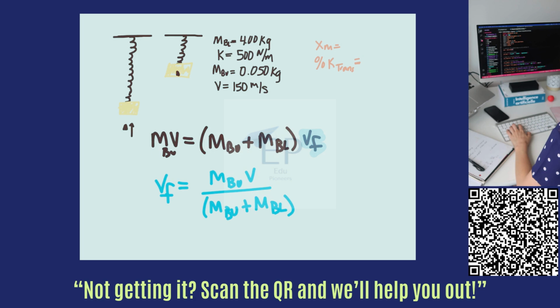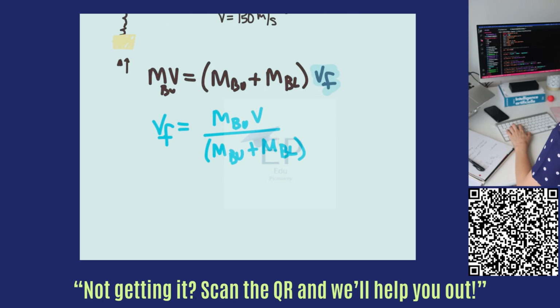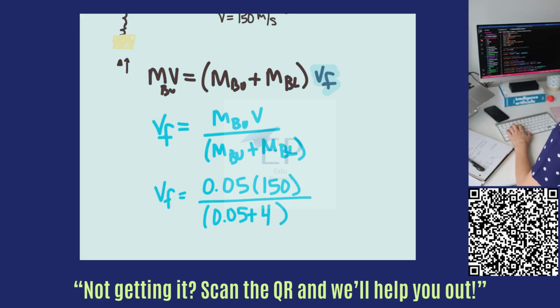And substituting in our values here, we get our final velocity is going to equal 0.05 kilograms times 150 meters per second divided by 0.05 kilograms plus 4 kilograms, giving us a velocity of 1.8519 meters per second.